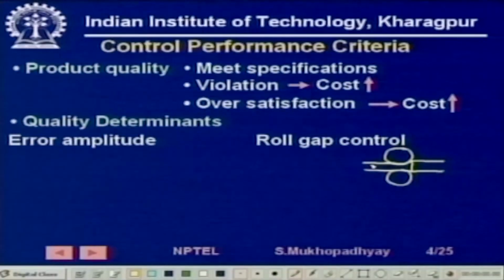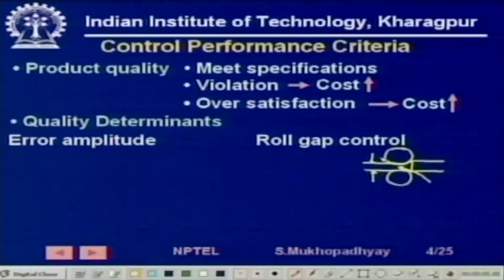Now, obviously, you would like to strictly control the diameter of your finished product, which depends on so many things. For example, it crucially depends on the roll gap. You always state that your product is going to have a thickness within some plus minus limits.